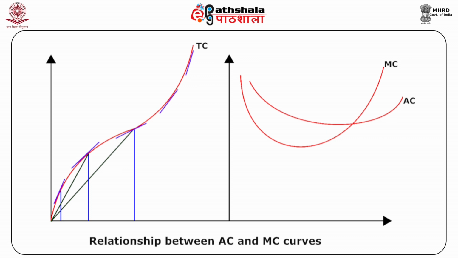And now you consider the average cost curve. The average cost is the slope of the ray from the origin. I have not complicated the diagram by putting A, B, C, D over here, but you could imagine that we have 5 points A, B, C, D and E. At A the slope of the ray from the origin is higher, at B it declines, and at C it declines further.